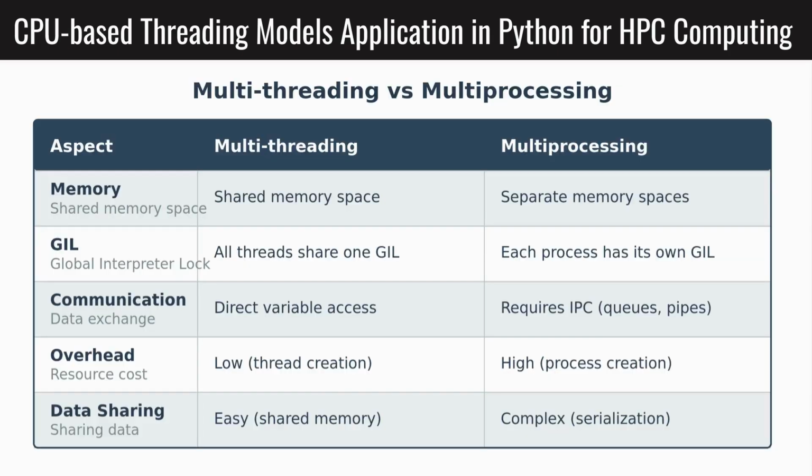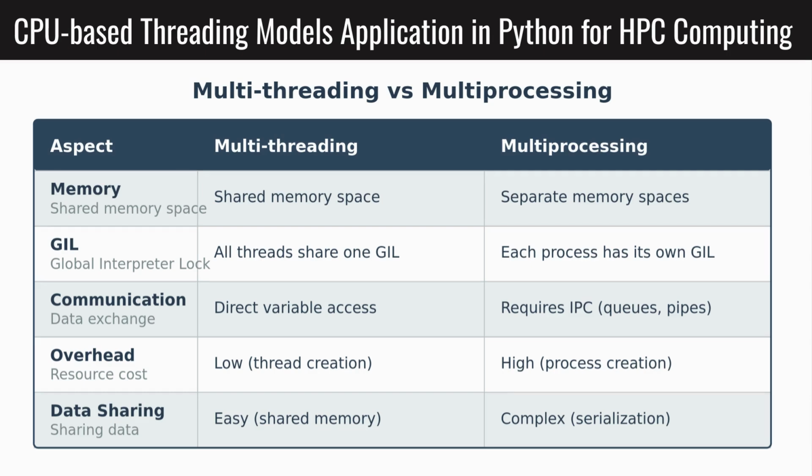Before starting with the details, we need to be sure you can differentiate between multi-threading and multiprocessing, for those are two different things in Python regarding the presence of the global interpreter lock, or GIL. Multiprocessing creates separate processes, each with its own memory space and its own GIL.